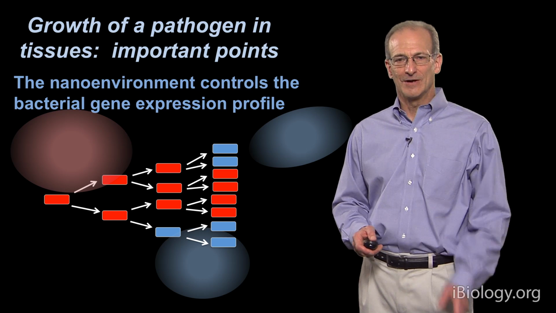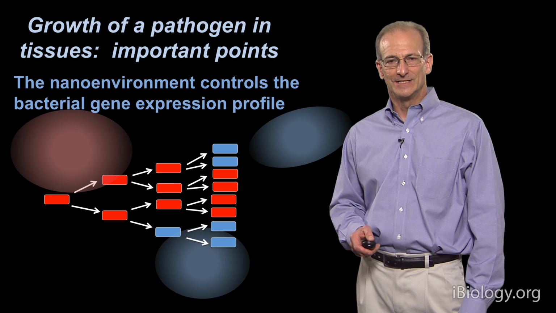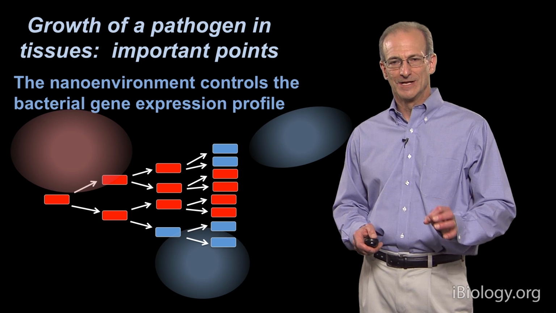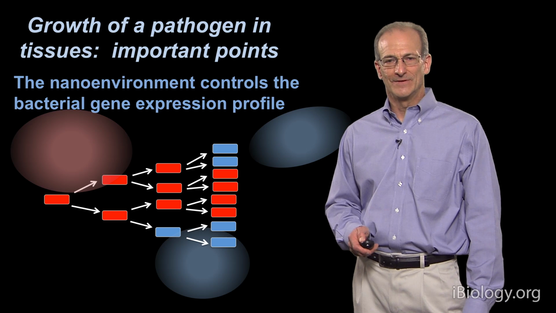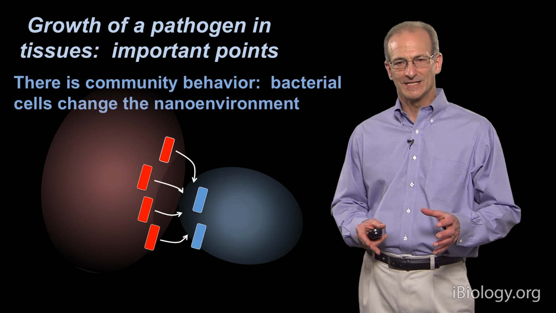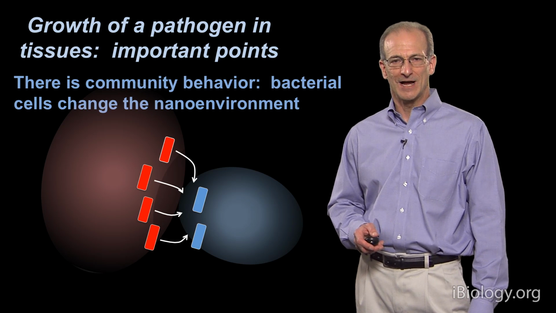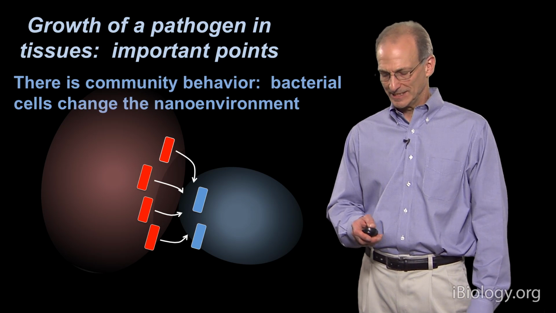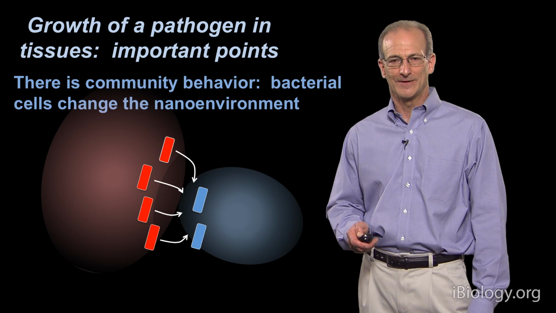The environment in which the bacteria encounter is different in different sites within the tissue, and that includes in the narrow environment in which the organism is growing. And then finally, as the bugs move into other sites, there are different environments which the microorganism encounters. And when it encounters these different sites, it will now respond with a different transcriptional profile.